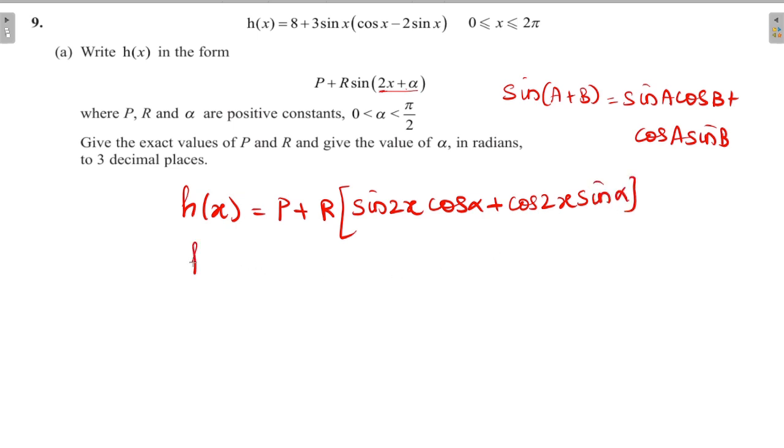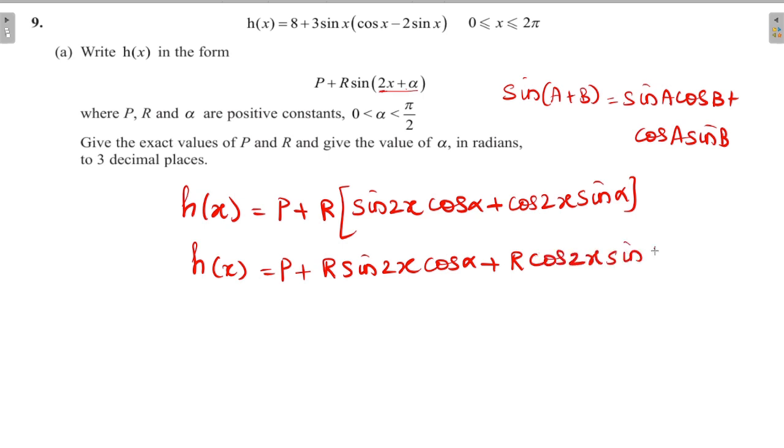Now h of x is equal to p plus r sin 2x cos alpha plus r cos 2x sin alpha. We are going to write in the form of h of x.